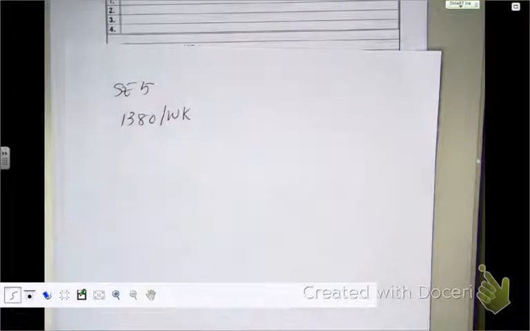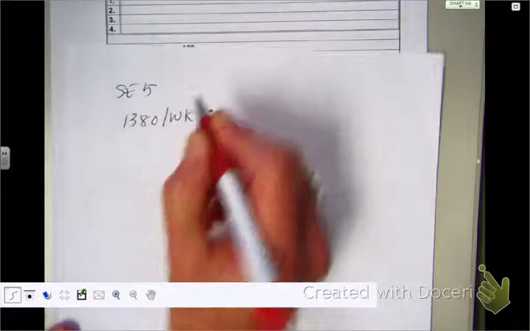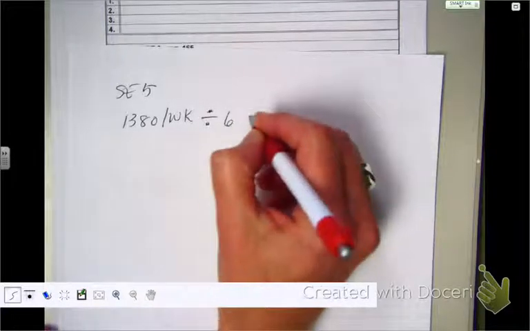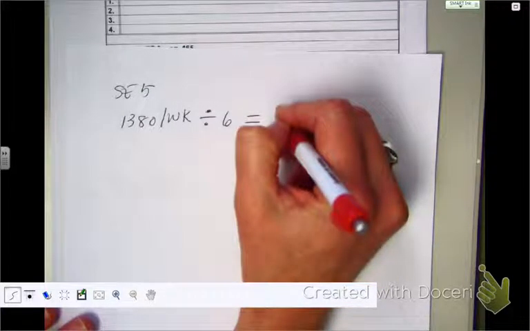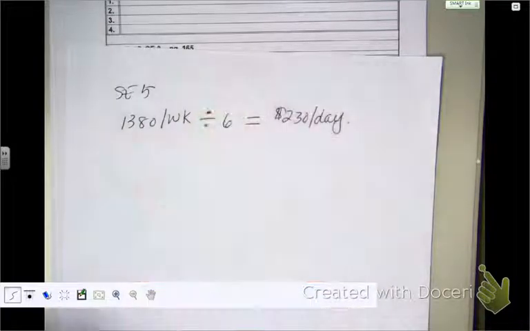How much is it per day? Divided by what? 7. No. 6. It's divided by 6 because it says we have a 6-day work week. Okay? So it's 1,380 divided by 6. So it's $230 per day of wages. So that's the first part.